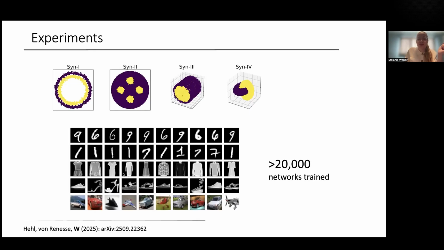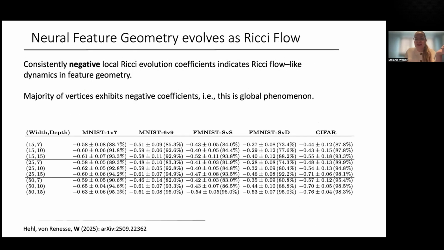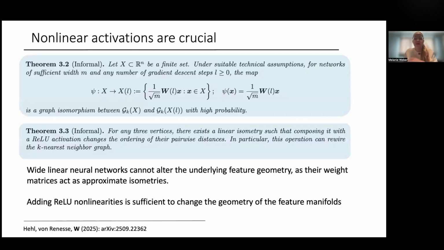In order to learn a binary classifier in settings like this, the model needs to learn nonlinear structure well. And it's well known, and empirically observed, that this is difficult to do for a linear network. Here we give some theoretical analysis of why those nonlinear activations are really crucial from the perspective of feature geometry.